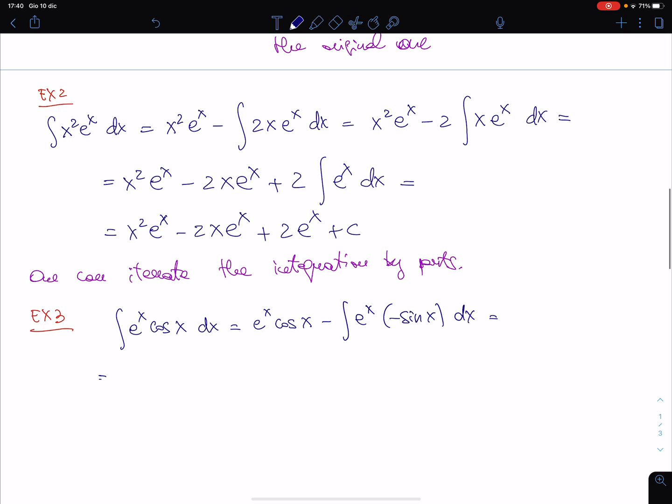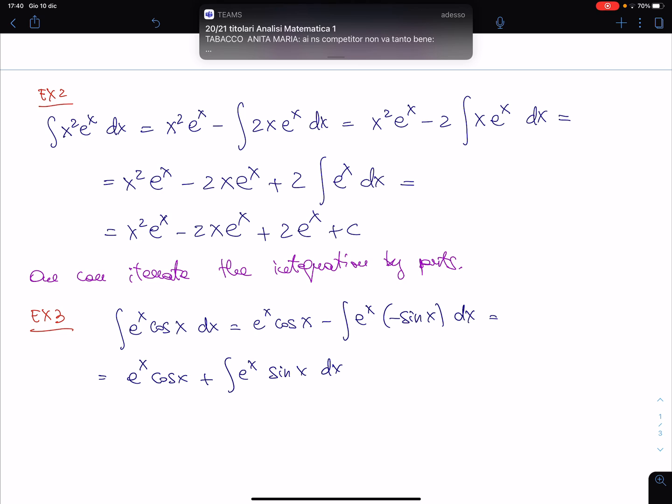So let me write it again: e to the x cosine of x plus the integral of e to the x sine of x dx.